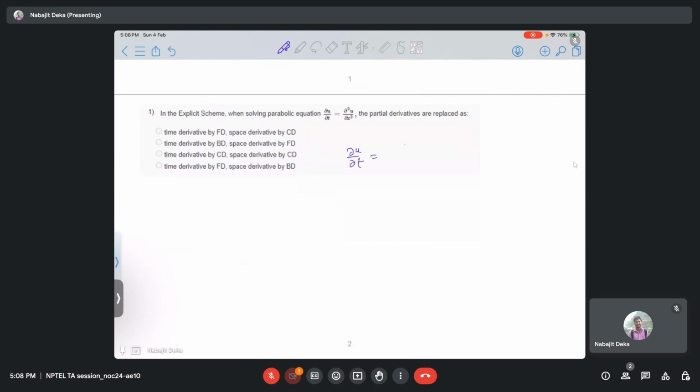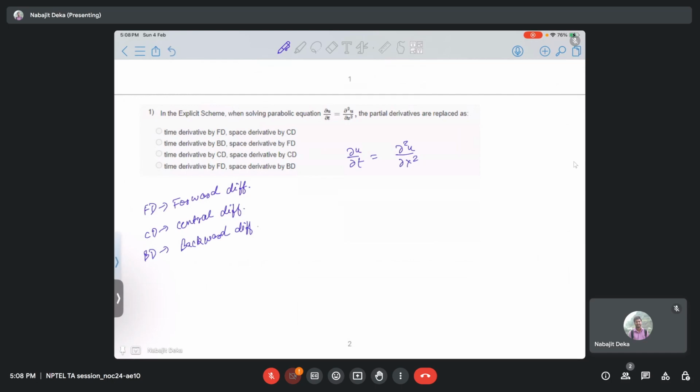del u by del t equals del square u by del x square, the partial derivatives are replaced as time derivative by... FD is forward difference, CD is central difference, BD is backward difference.